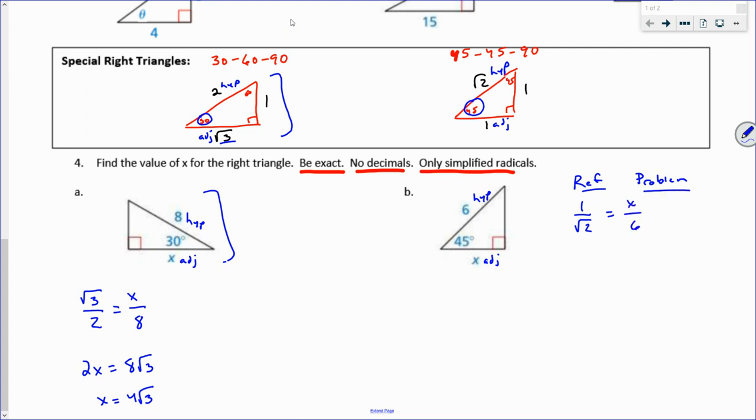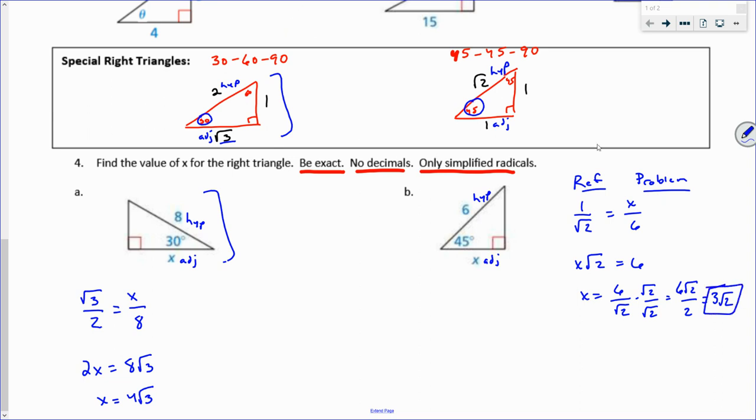So now if we cross multiply, we can say x is equal to 6 over root 2. That being said, we don't like radicals on the bottom. So we can have 6 root 2 over 2, divide top and bottom by 2. And this is what we're going for, 3 root 2.